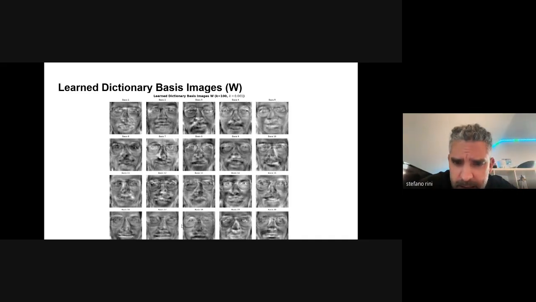There are a lot of faces with glasses, but sometimes glasses are black, sometimes white, and that's because some bases add glasses and some bases subtract glasses. And when you subtract a glass, you also subtract the shadow under the eye that is generated by the glass. So the bases are basically, you can imagine that you're superposing multiple of them in order to reconstruct the original image. Okay, go ahead.